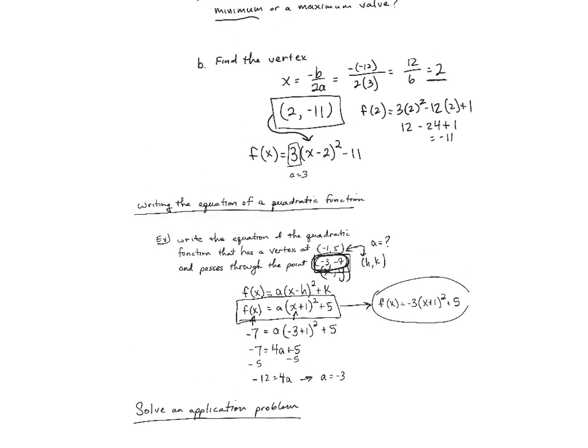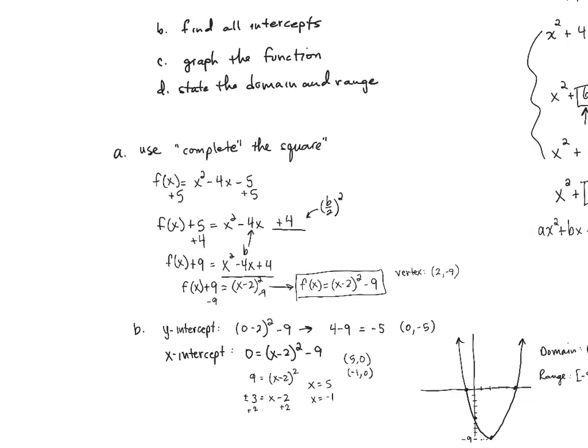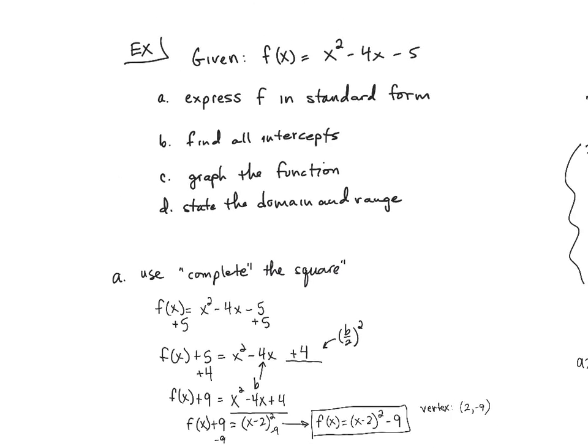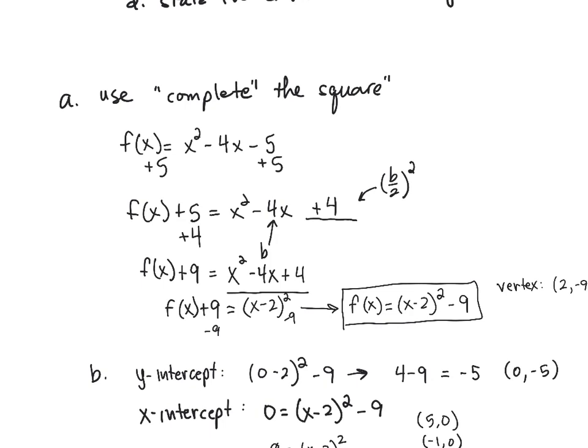So to review, we first talked about writing a quadratic function in standard form by this method called completing the square. We had a function in general form, and we completed the square by moving this constant to the left and adding in a new value that formed a perfect square trinomial, allowing us to write it in factored form here, and then we had a quadratic function in standard form which gave us the vertex.